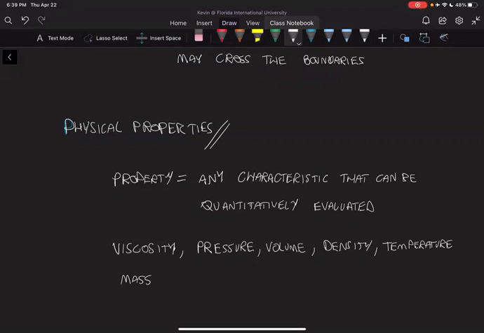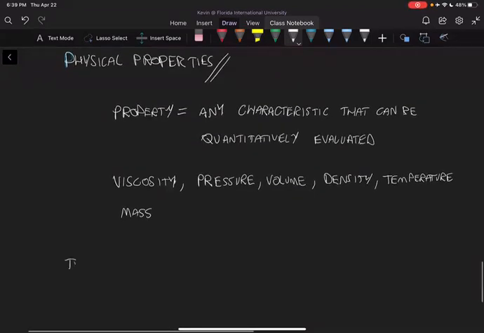And the value of the properties. So the value of these properties is what defines a state.